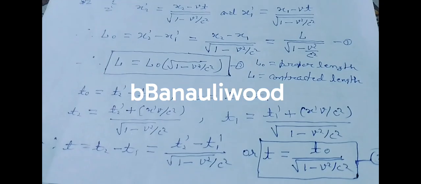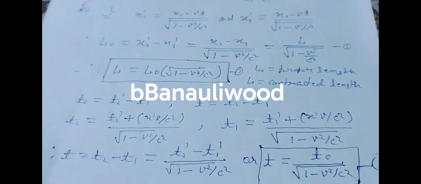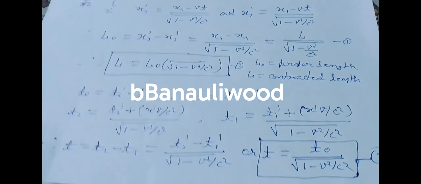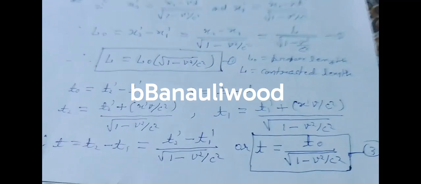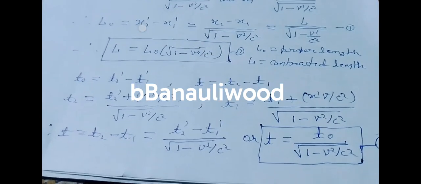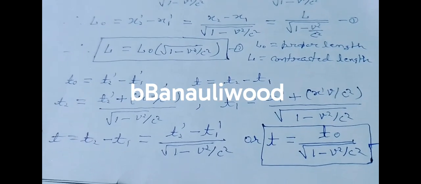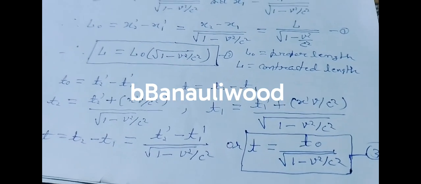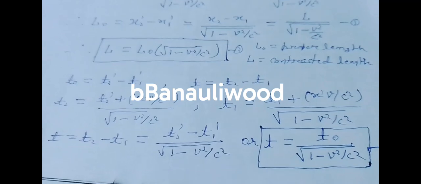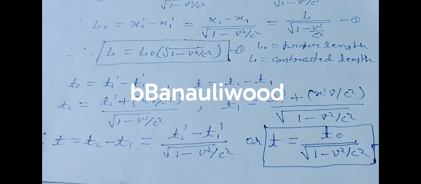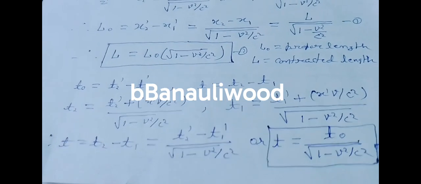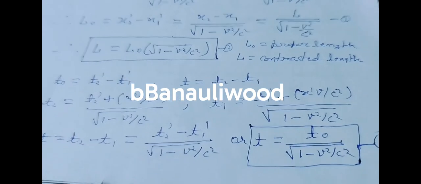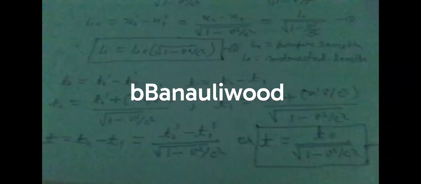Hence L sub 0 equals x sub 2 dash minus x sub 1 dash equals x sub 2 minus x sub 1 divided by under root 1 minus v square by c square, equals L by under root 1 minus v square by c square.